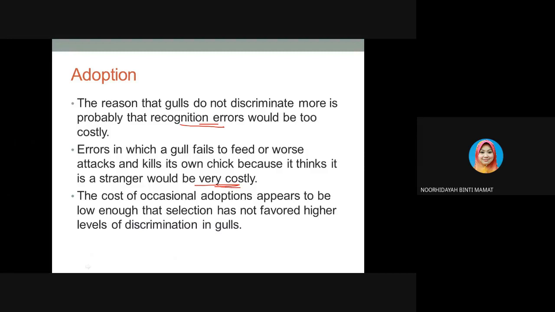If they still want to discriminate their own child, there may be an error in discriminating, so their own child can be attacked or, worse, killed. So that is why they just give food to all the offspring in the brood. The cost of occasional adoptions appears to be low enough that selection has not favored higher levels of discrimination in gulls. So this is in the adoptions.